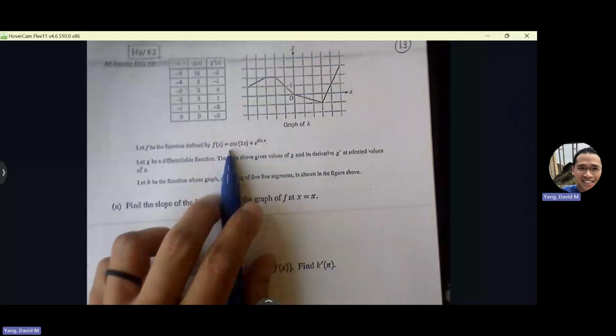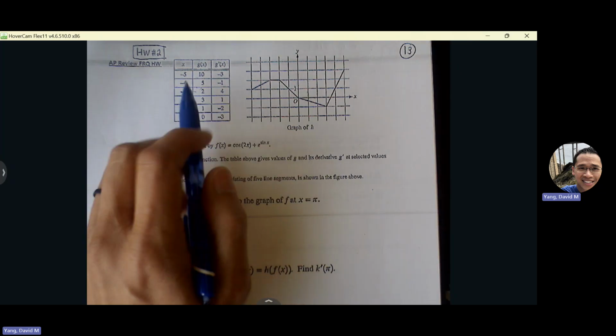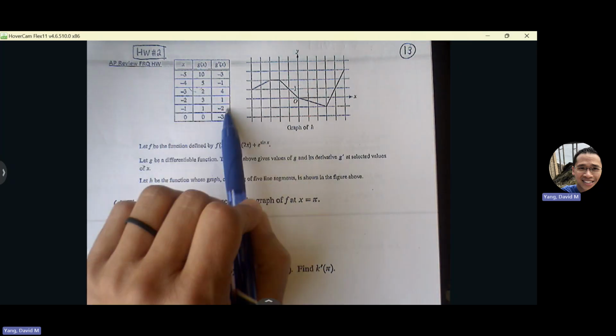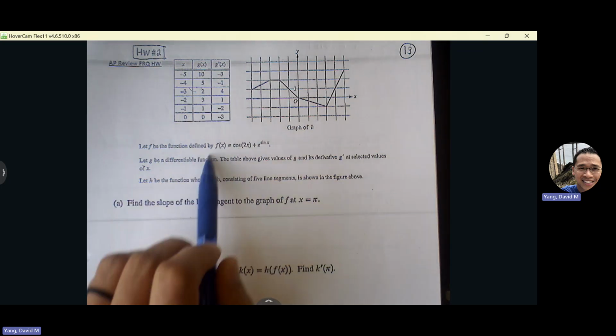All right, so we have a table of values. We have a graph. We have a function defined by f of x. G is a differentiable function, which tells us that our g function is a smooth curve all the way through. No sharp turns, no holes, no asymptotes.